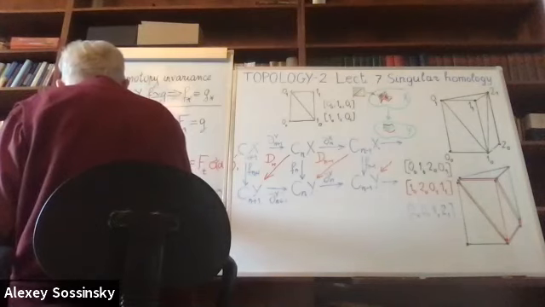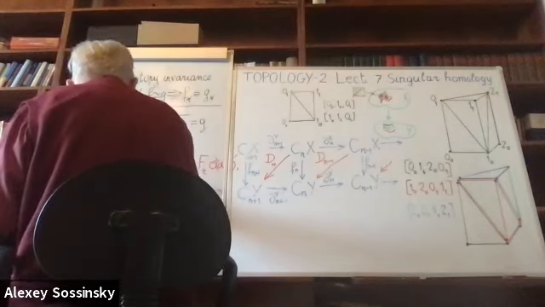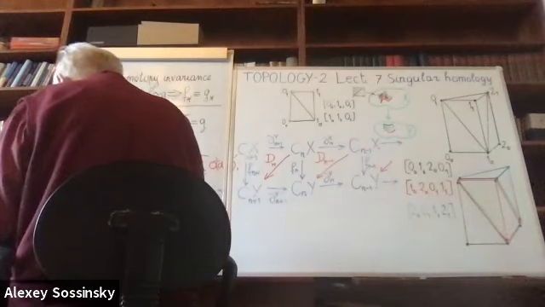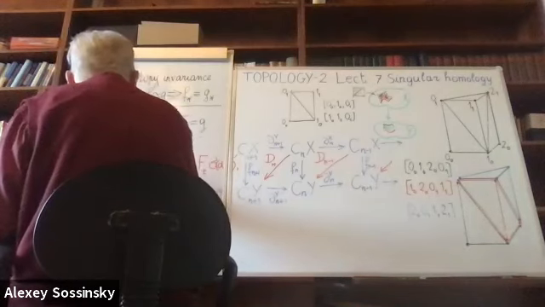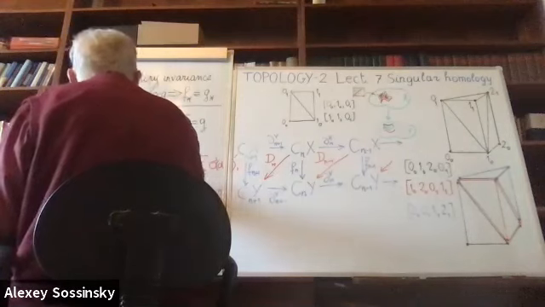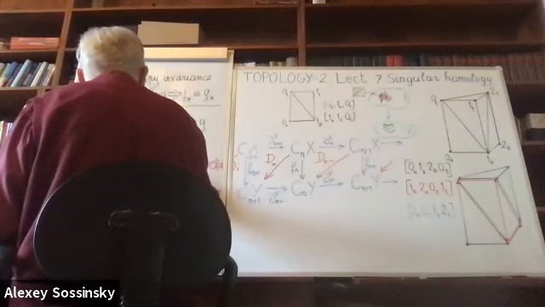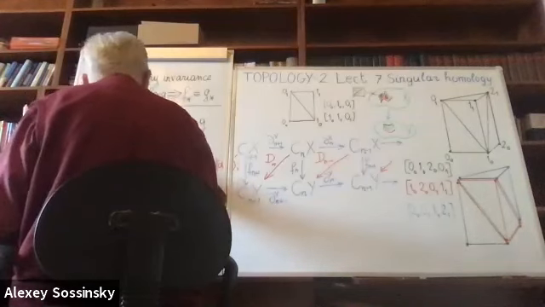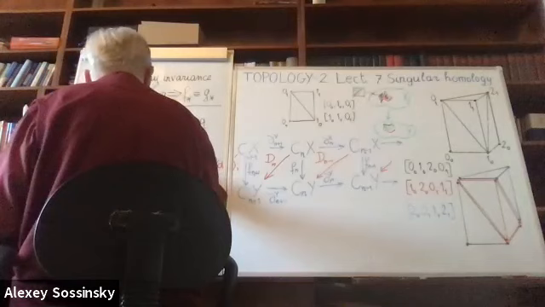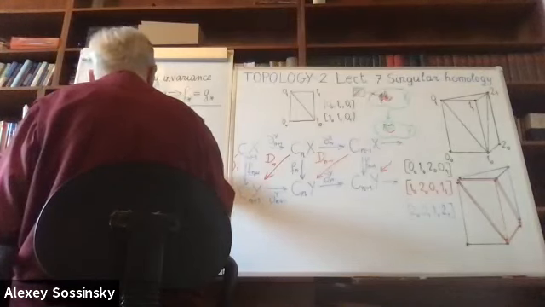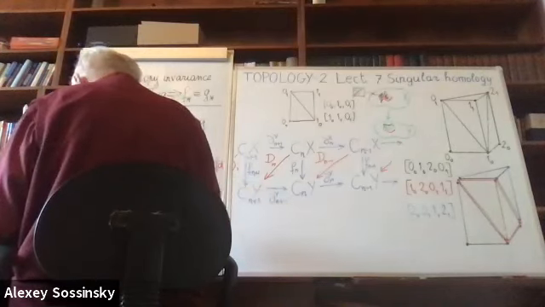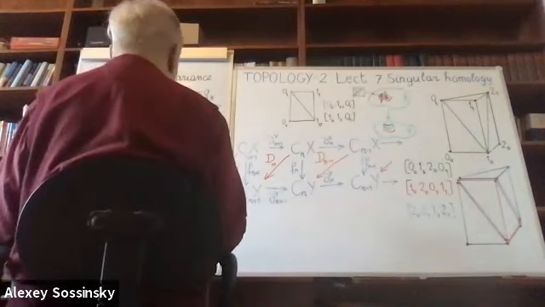I'll map the simplex linearly to Delta_n cross [0, 1]. And I will do this in the following way.